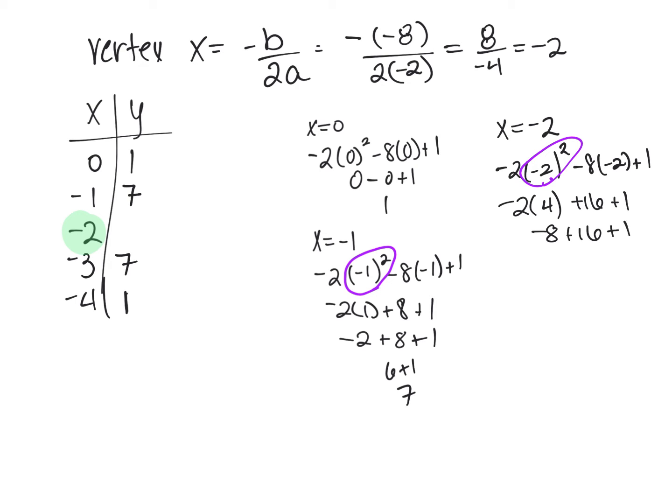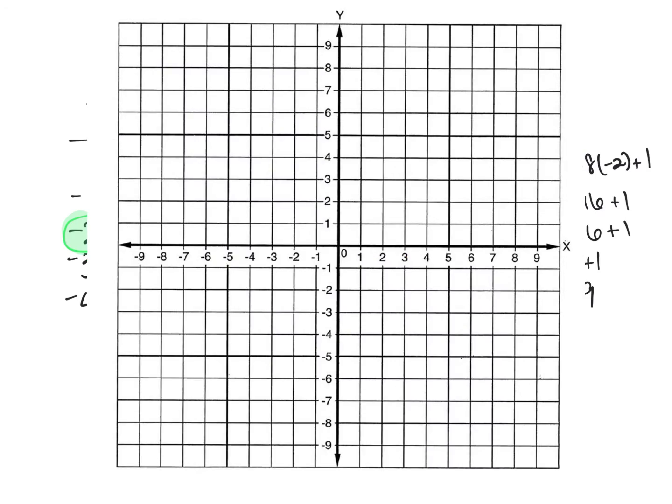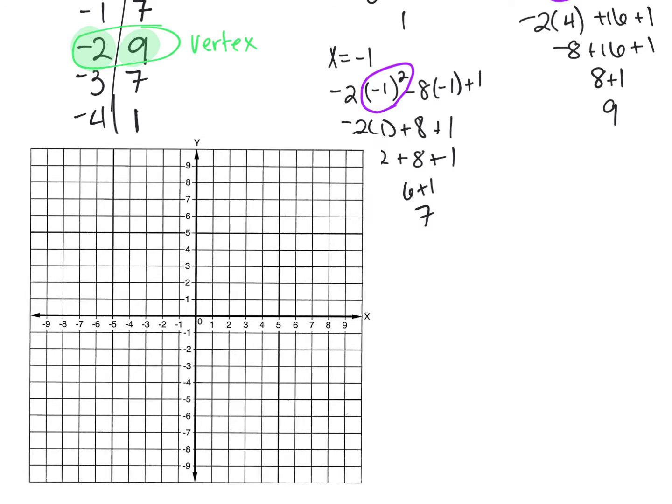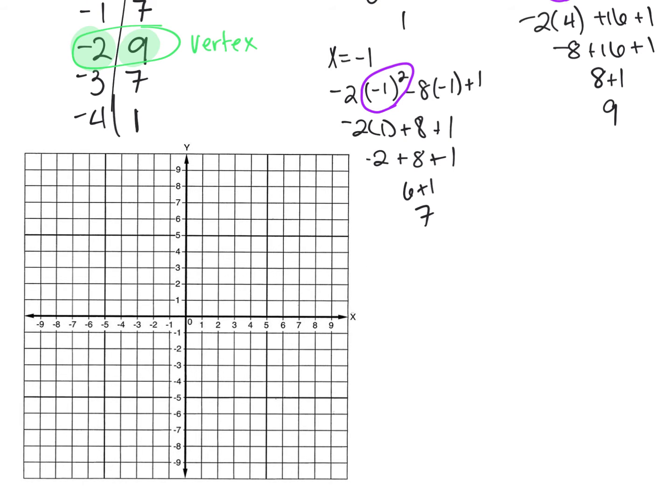Negative 8 plus 16 plus 1. 8 plus 1 is 9. So my vertex is at negative 2, negative 9. Positive 9. Yeah, sorry. And now we can graph it. Bring in my little coordinate plane here. My vertex is at negative 2, positive 9.